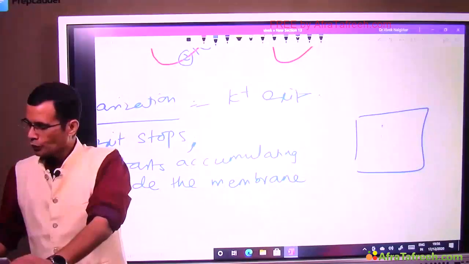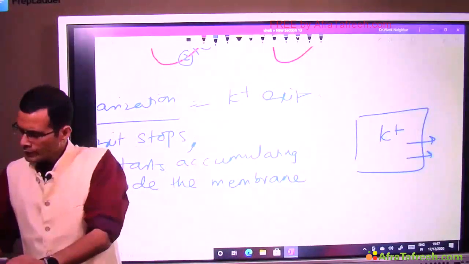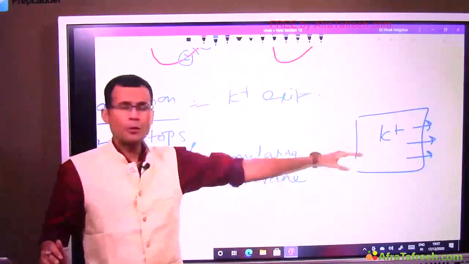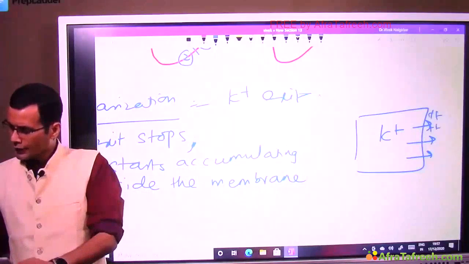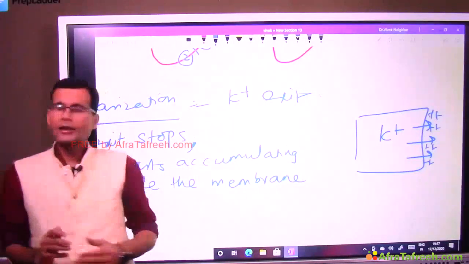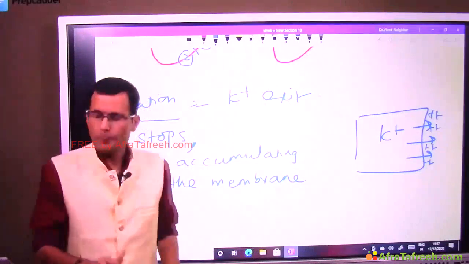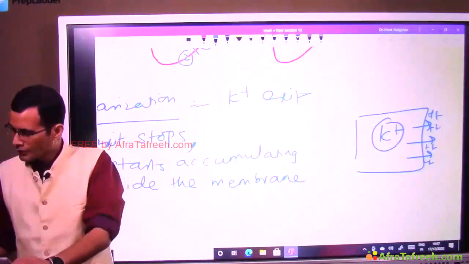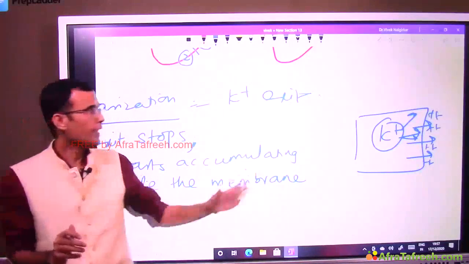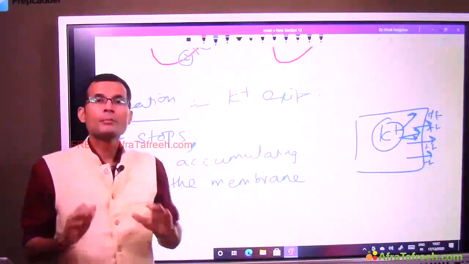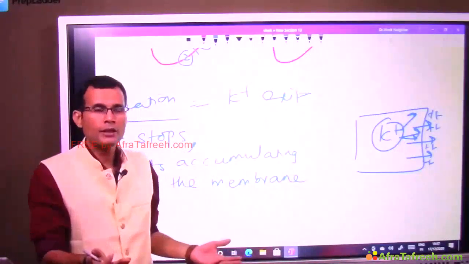Look, potassium was going out by concentration gradient. So it carries the positive charges to the outside. Those positive charges line up on the outside and they create the electrical gradient. So further potassium exit will stop and potassium will start coming near the membrane but won't go out. It will just accumulate inside the membrane and the membrane will again begin to depolarize spontaneously by itself.